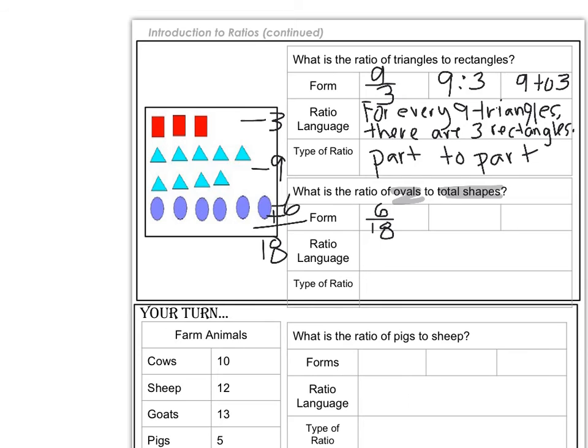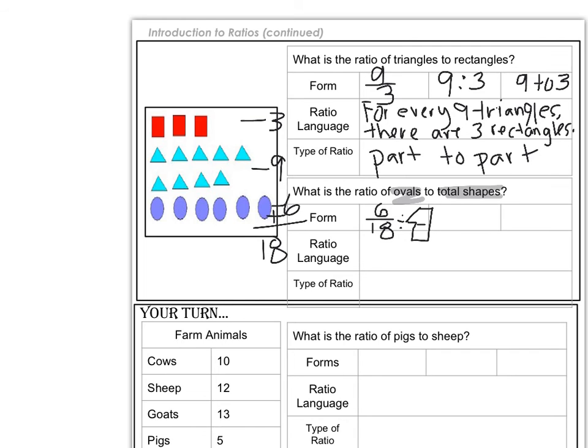Actually, I want us to go ahead and simplify it after all. We're going to use the identity property to simplify it. So we're going to divide, and then go ahead and make your number 1, and your little fraction bar inside. What's the greatest common factor of 6 and 18?